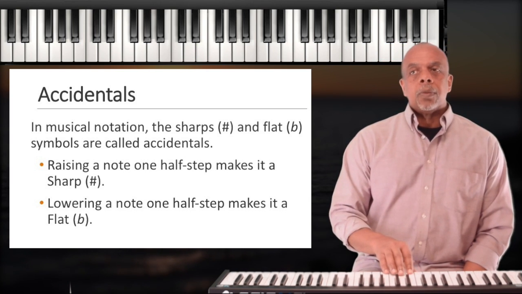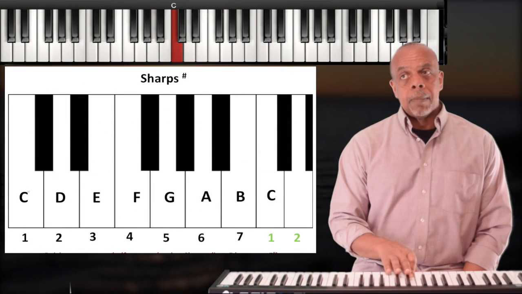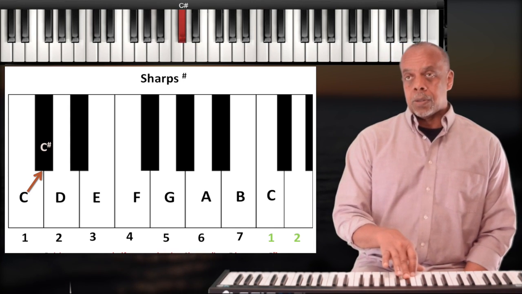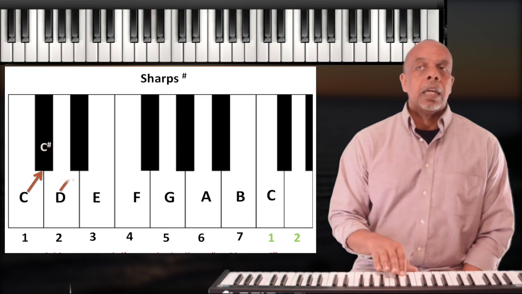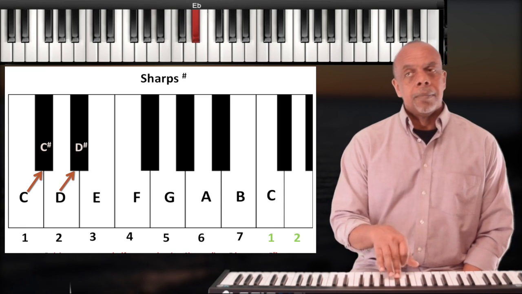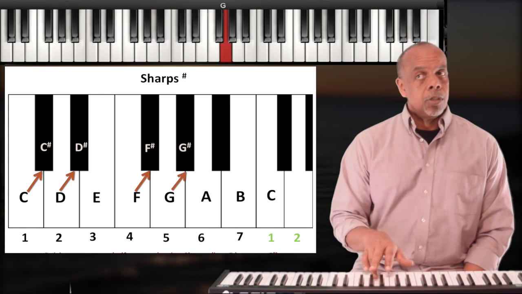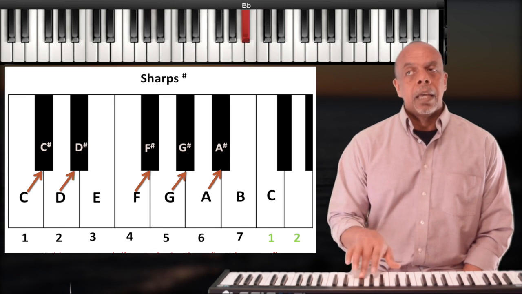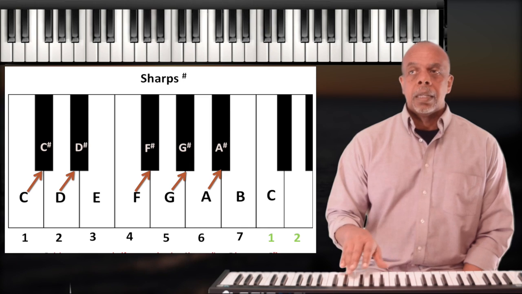We have C. If I go up a half step, or one semitone, that's C sharp. Same with D. D, go up a half step, D sharp. Same with F. F, up a half step, F sharp. G, up a half step, G sharp. A sharp. And we're back to C again.